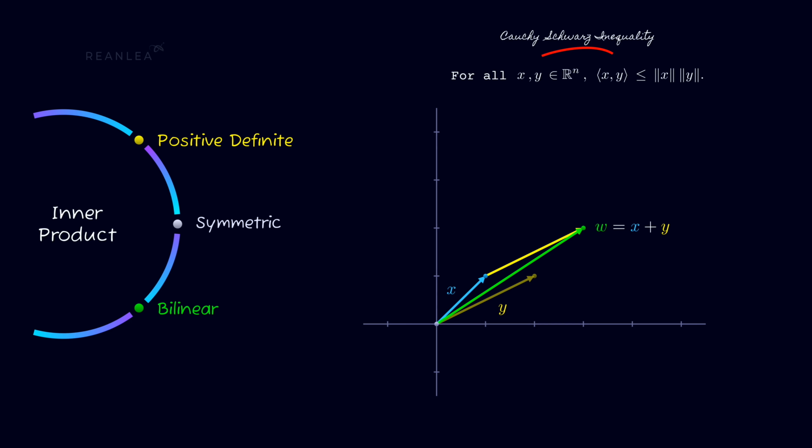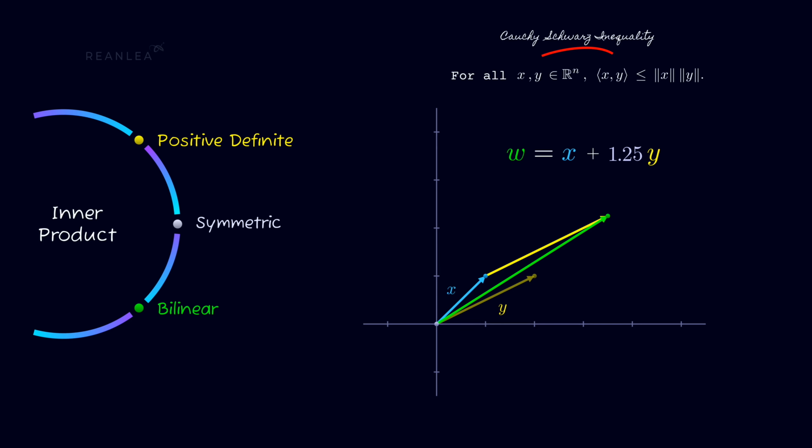Let us represent the vector x plus y as w. Also we can represent w as x plus 1 times y, where 1 is a scalar which scales the vector y. Now instead of 1, if we choose different values of the scalar, then w will represent different vectors.